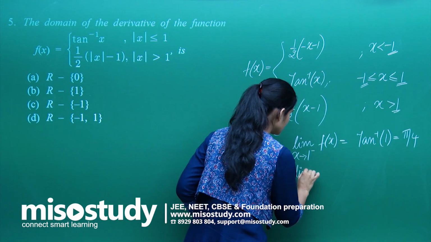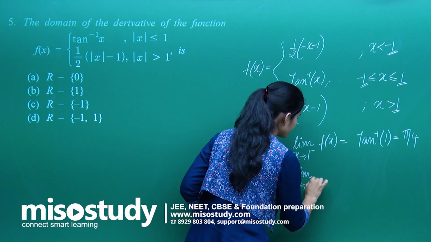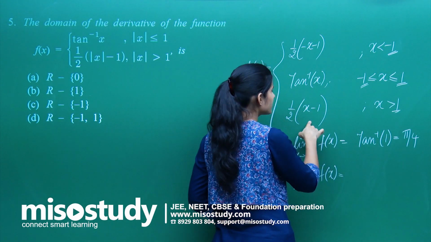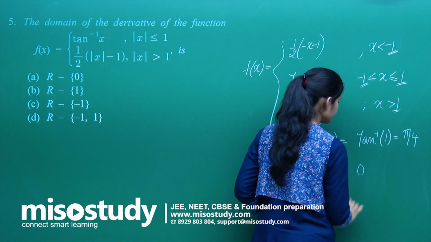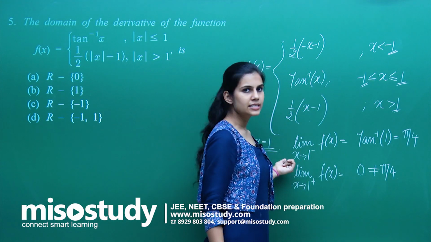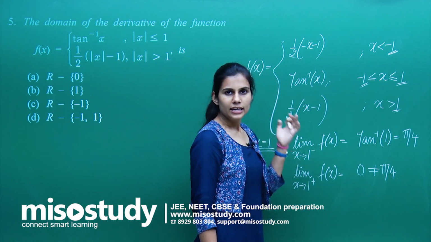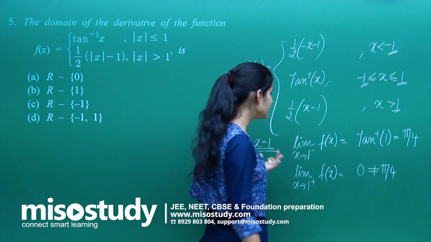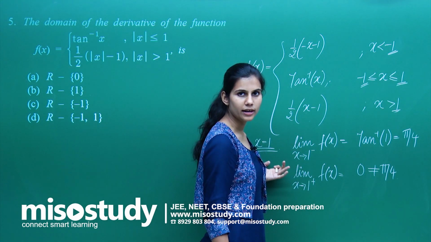And limit x tends to 1 from the positive side is 0, which is not equal to pi by 4. That means f is discontinuous at x equals 1. Not continuous at a point implies not differentiable at that point. So the function is not differentiable at x equals 1.